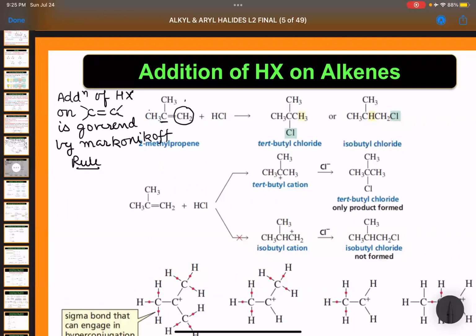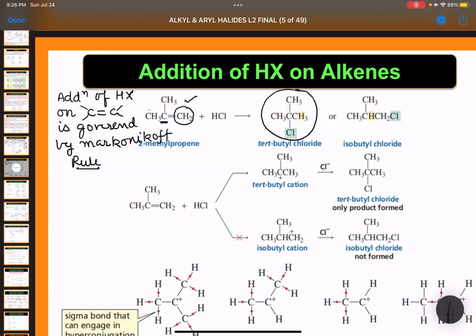So I'm going to put H plus on this, and Cl minus on the carbon atom bearing less number of hydrogens. The negative part attaches itself to the carbon atom bearing less number of hydrogens. This is how it has happened, and this is the major product. The formation of the major product is governed by Markovnikov rule.